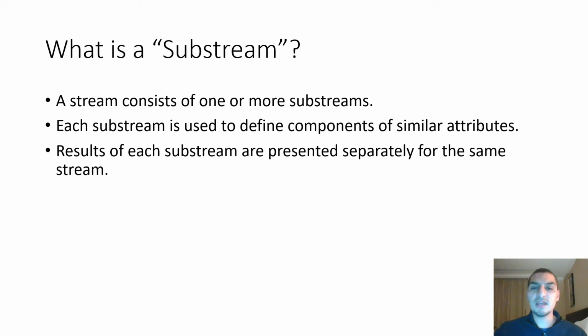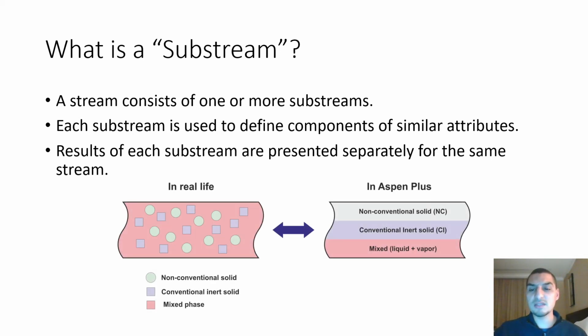Let's say I have a stream that contains conventional solids, non-conventional solids, and mixed phase, which is the gas and liquid phase. So in real life, they're all mixed together and they're all flowing. Think of it like a gas stream that has some solids suspended in it, or a liquid that has suspended solids, whatever the type, but they are all flowing together.